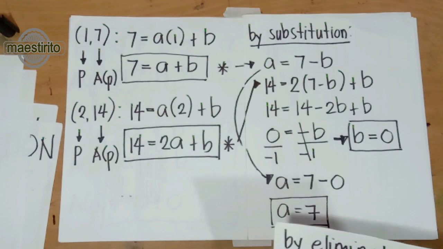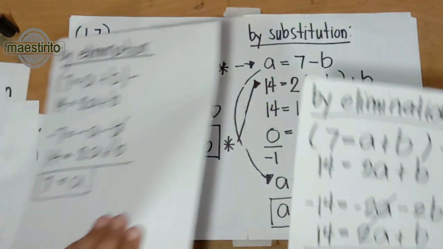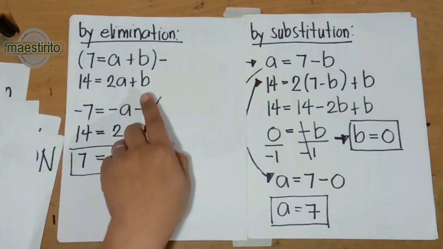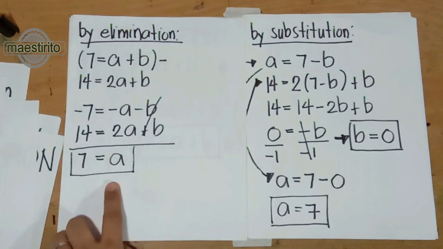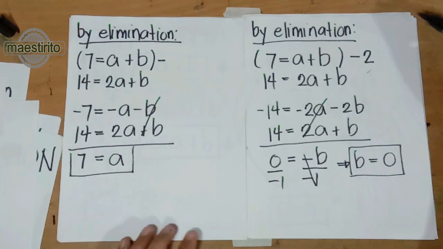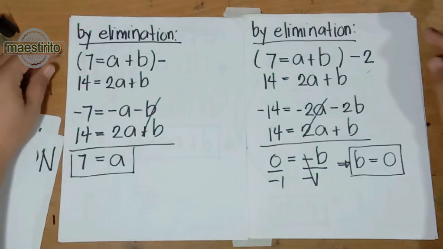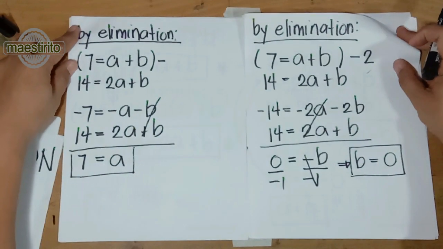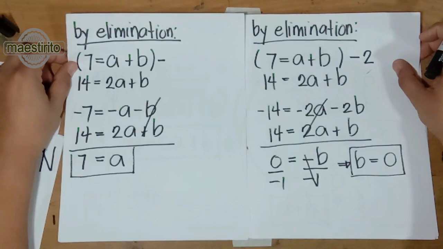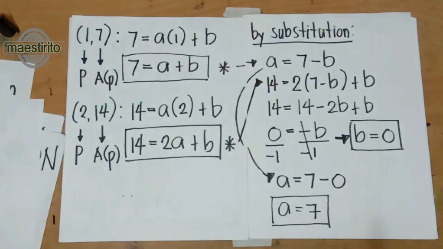And by elimination, you have there, eliminating b to solve for a, and this one here is eliminating a to solve for b. And obviously, we are getting the same answers as this one, which is by substitution.